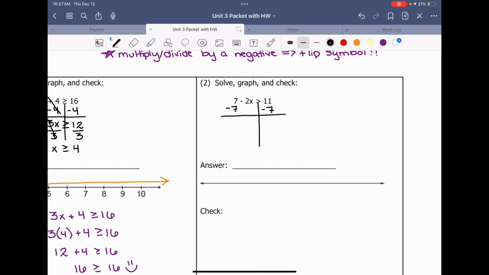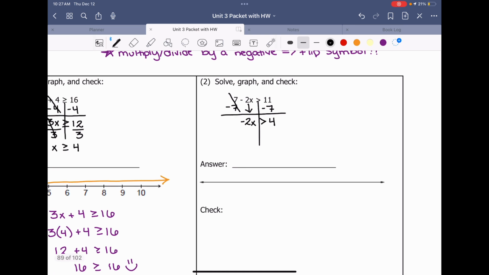7 minus 7 is 0, so they cancel. Negative 2x comes down, right? That minus 2x tells me that this is a negative. So bring the sign down with it, is greater than 11 minus 7 is 4. And I have negative 2 times x, which means I'm going to divide both sides by negative 2.